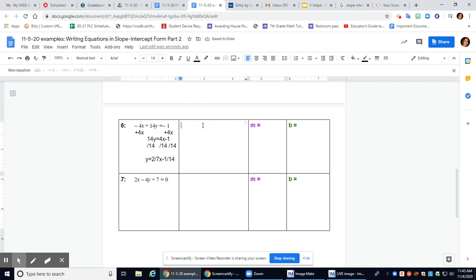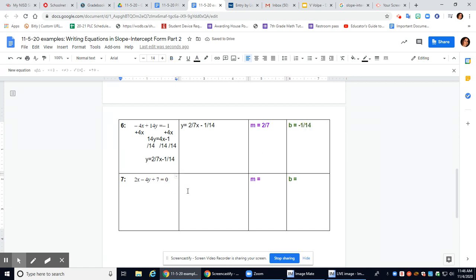So my equation here looks a little crazy, but we have y equals 2 over 7x minus 1 over 14. So my slope over here is the 2 over 7, my rise of 2, my run of 7, and my y-intercept will be negative 1/14.